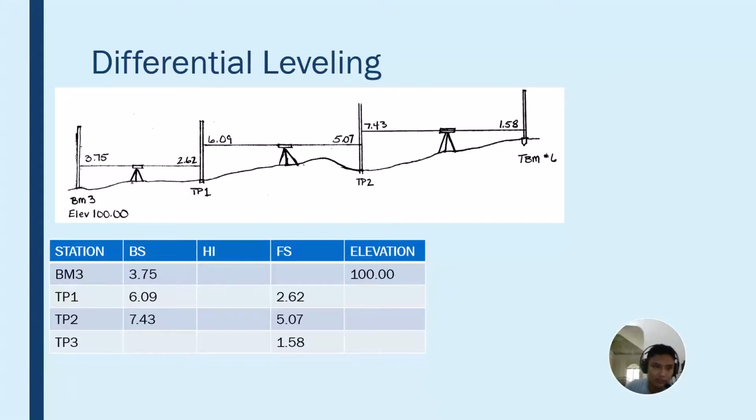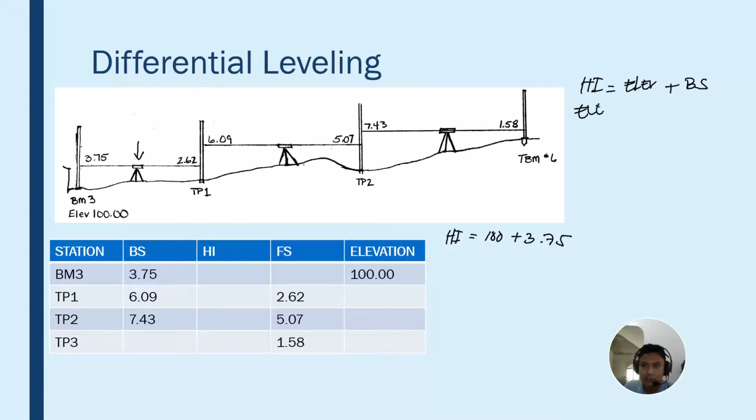So if this is your instrument right here, just add the backside reading. So for the height of instrument here at benchmark number 3, add 100 to 3.75, since height of instrument has the formula of the elevation of the benchmark plus the backside reading.